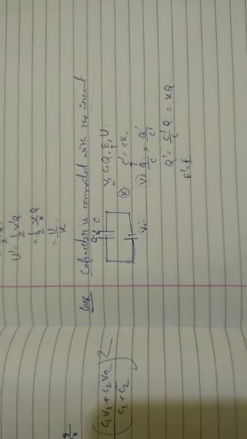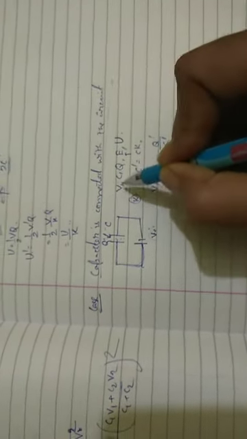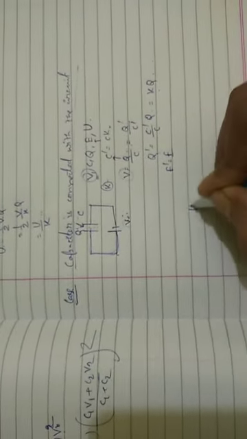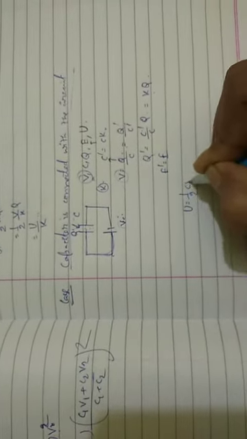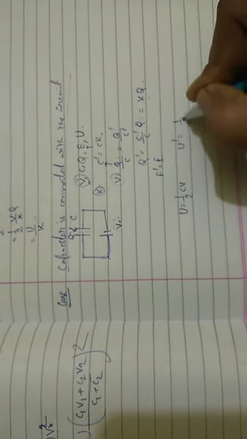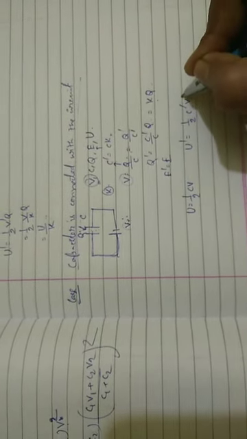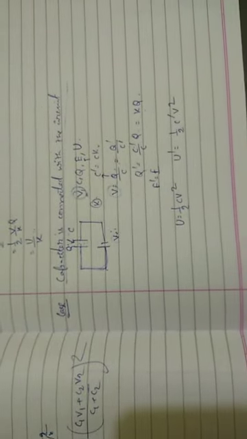Now the energy. Here you have to use such a formula where V is constant. So you can easily use the half CV square formula. So U equals half CV square initially. Now finally U prime will be equal to half C prime V square, because the potential doesn't change.